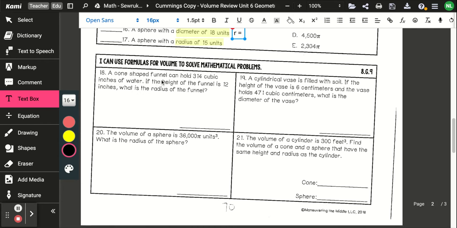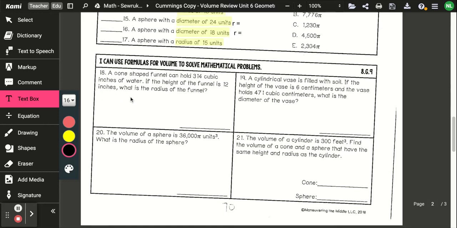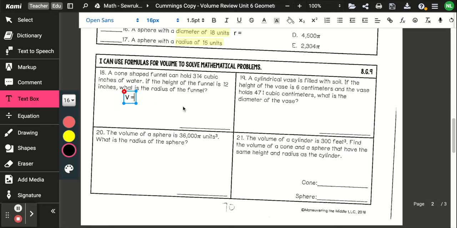A cone-shaped funnel can hold 314 cubic inches of water. If the height of the funnel is 12 inches, what is the radius of the funnel? You have to work backwards for this one. So remember, we're going to write V equals, it's a cone, so 1/3 pi times r squared times the height.